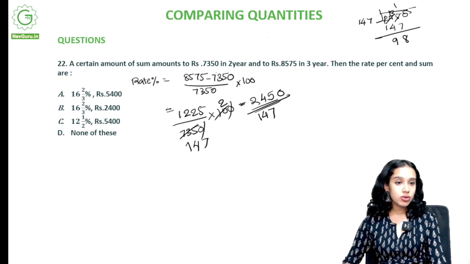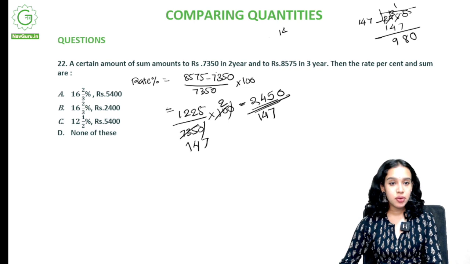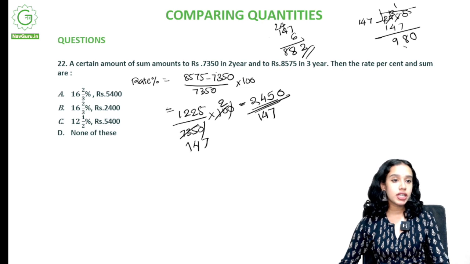So 9 plus 4 is 13. Now we put the 0 down. Now 980, let's see, 147 into 6, 6 7s are 42, 6 4s are 24, plus 4 is 28, 2, 6 1s are 6, 7, 8, 882, we get 882 here. So 10 minus 2 is 8, 10 minus 2 is 8. Now this is 0.